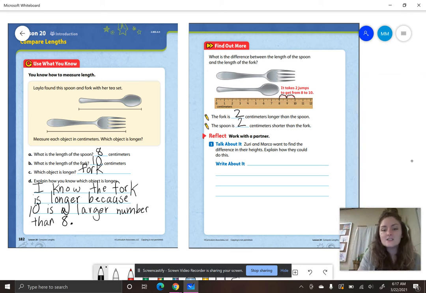So we would say Zuri and Marco could use a measuring tape to find their height. Ooh, there's that vowel consonant E tape.